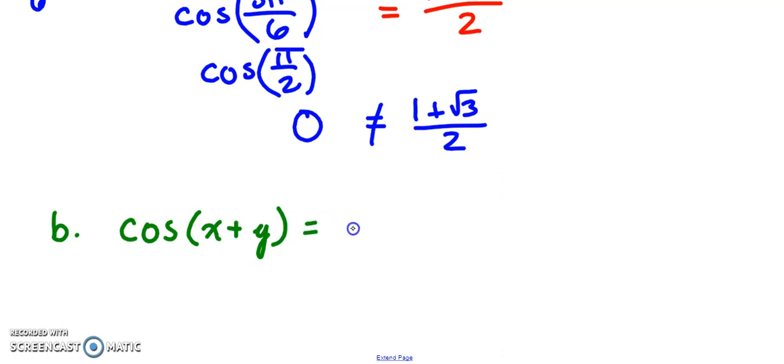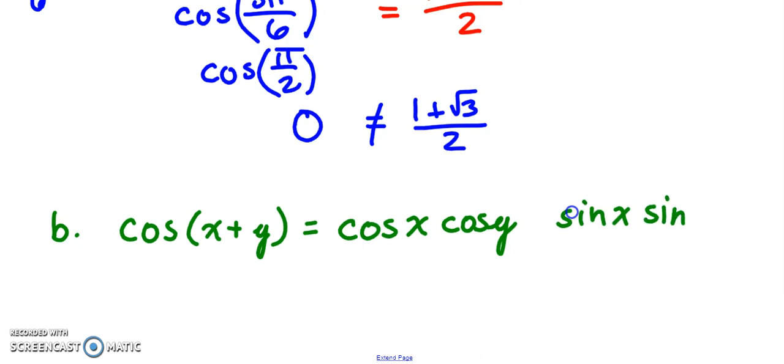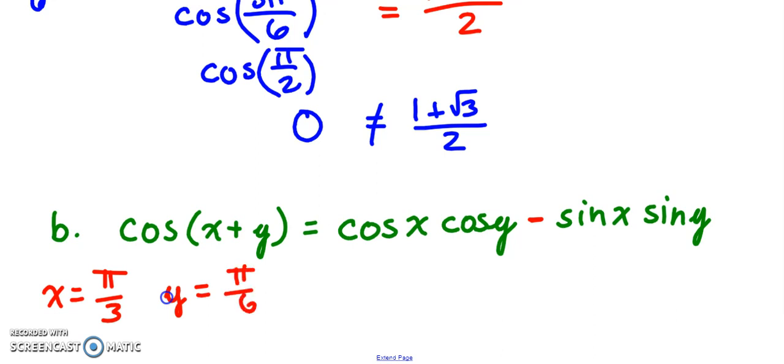Remember, for our cosines, the cosines stay together and the sines stay together, but then we just put the opposite sign here, so that just means it's going to be a subtraction right here. Okay, and then we also said that x was pi over 3 and that y was pi over 6. And so all we're going to do is verify that both sides equal each other, and then we are good.